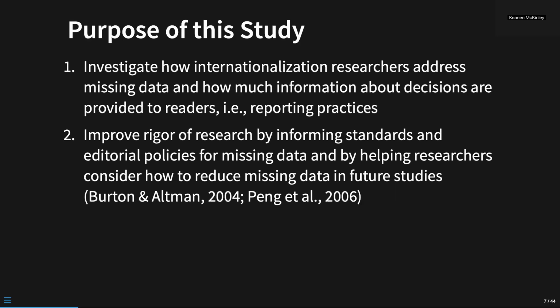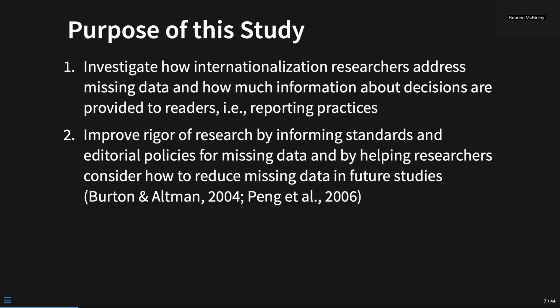So I've got several slides, as you can probably see at the bottom here. There are 44, so I'm moving quickly. But part of that is that I really want to emphasize the broadness of missing data. This area of research is very active, and there's a lot going on.